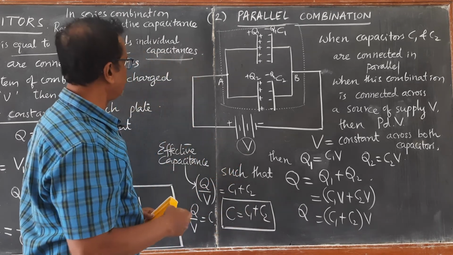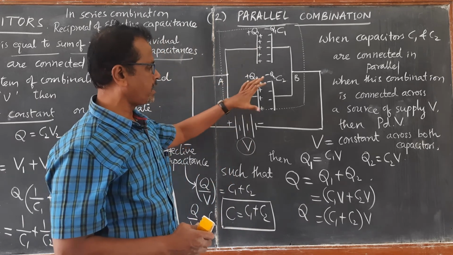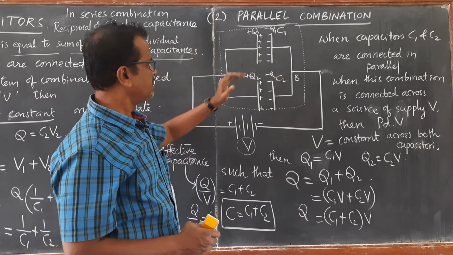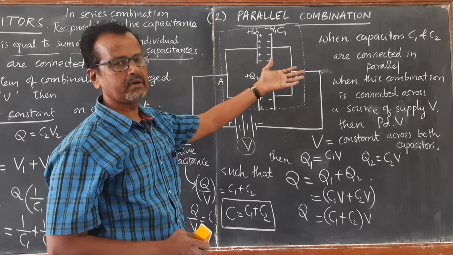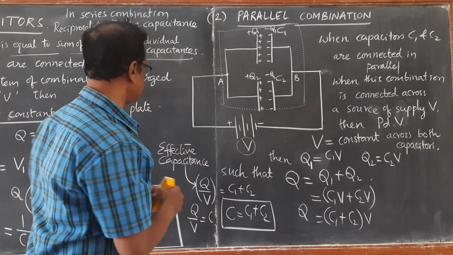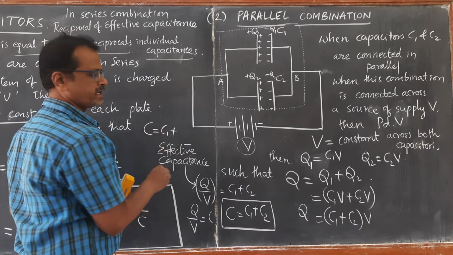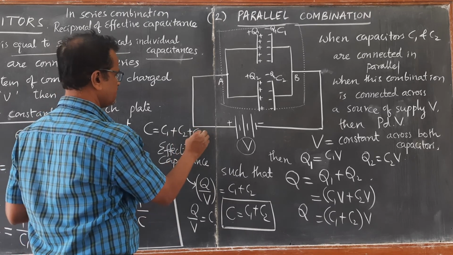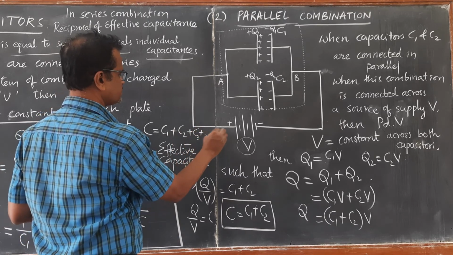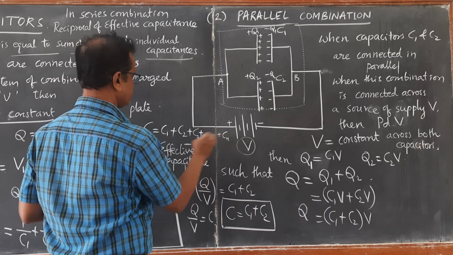Thus, we conclude that since we have taken only two capacitors, if there are n number of capacitors connected in parallel, then the effective capacitance C is equal to the algebraic sum of the capacitances of those capacitors, C1 plus C2 plus C3 and so on up to Cn.